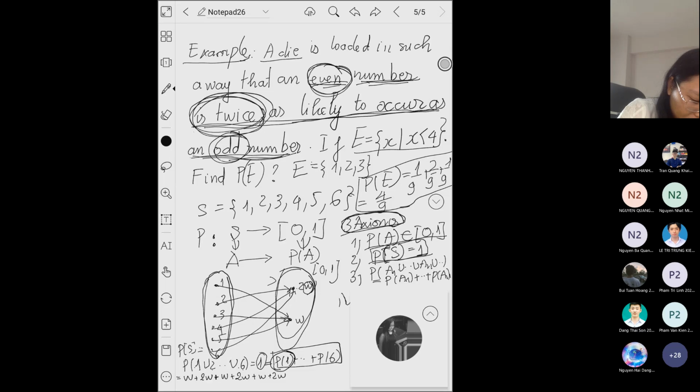So it is 9W. 9W equals 1, following axiom 2. So W equals 1/9.